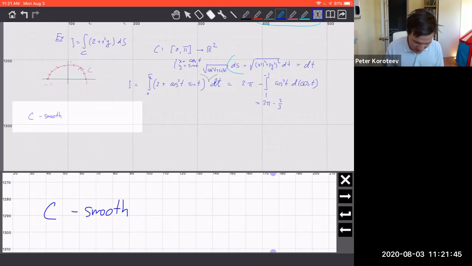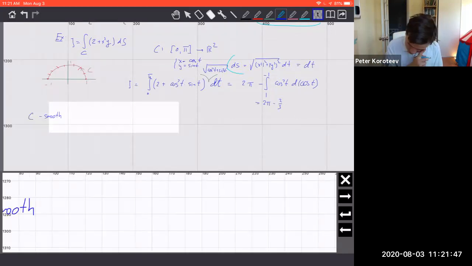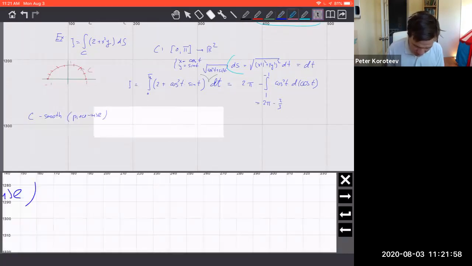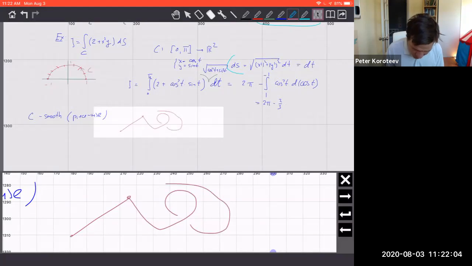But we can make it a little bit weaker by saying that it's smooth only piecewise. So you should allow curves with sharp turns, with spikes. It's okay for the curve as a function not to have a derivative at those points.